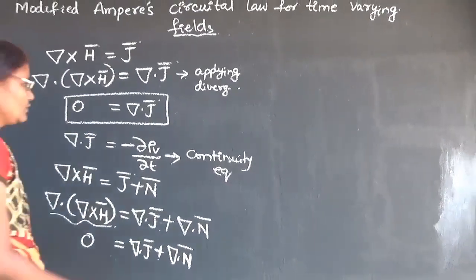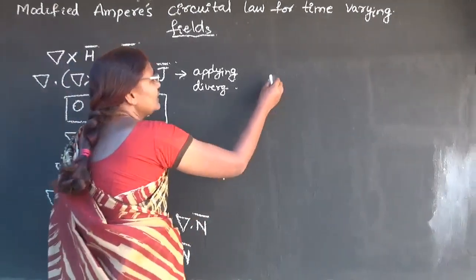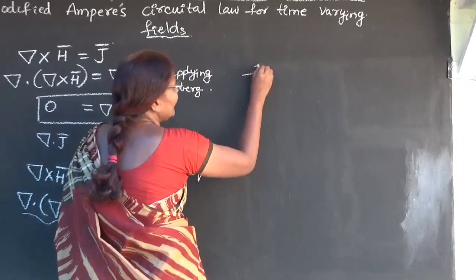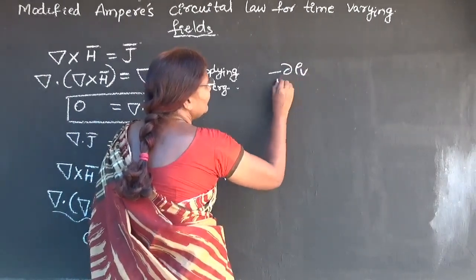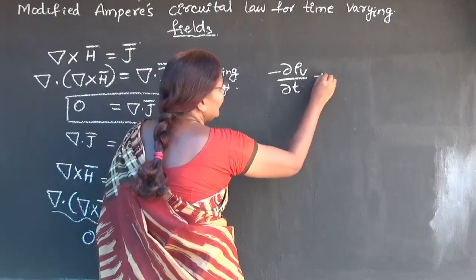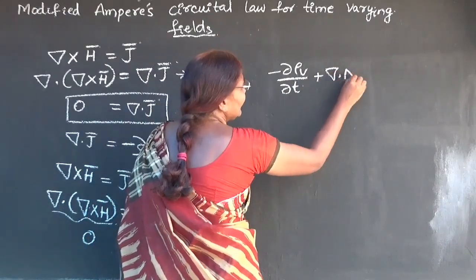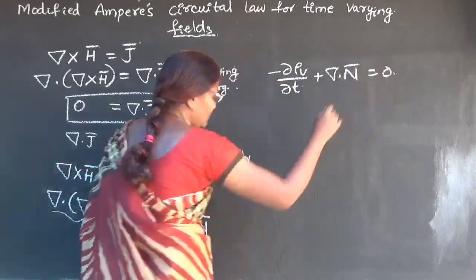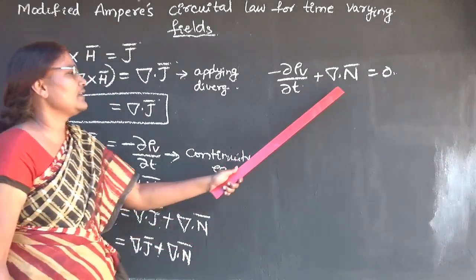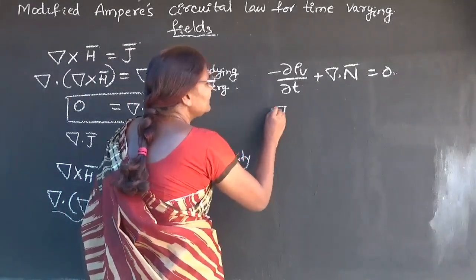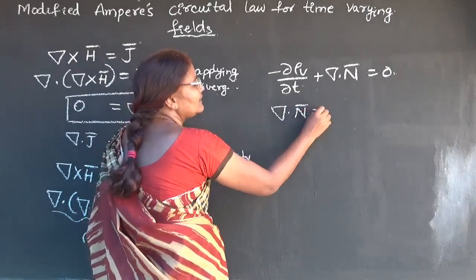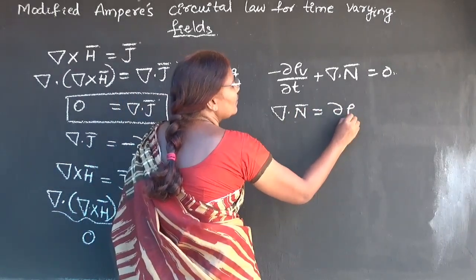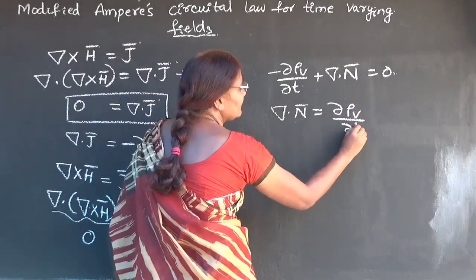Now what is del dot J bar? Del dot J bar is equal to minus dou rho v by dou t, plus del dot N bar, and this is equal to 0. So del dot N bar is equal to dou rho v by dou t.